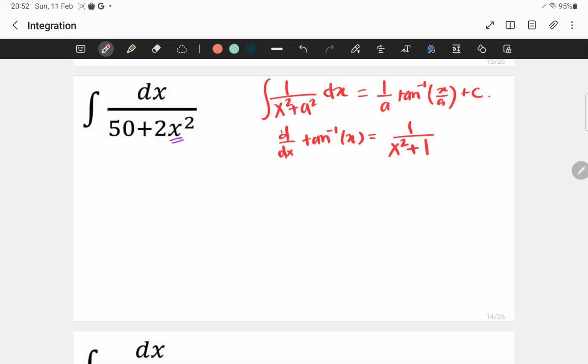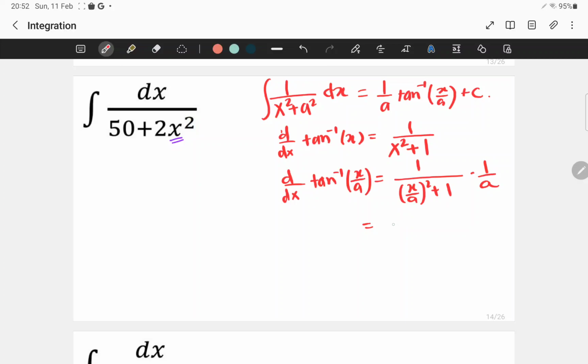If we take the derivative of tan inverse of x by a, this will be 1 by (x by a the whole square plus 1) into the derivative of x by a, which is 1 by a.